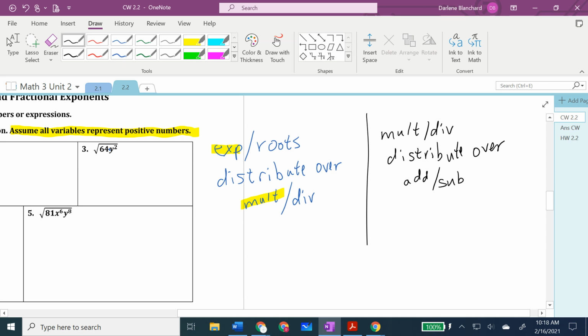So for example, in the past when you've had 5 times parentheses x plus 3, you distribute the multiplication over the addition to get 5x plus 15.